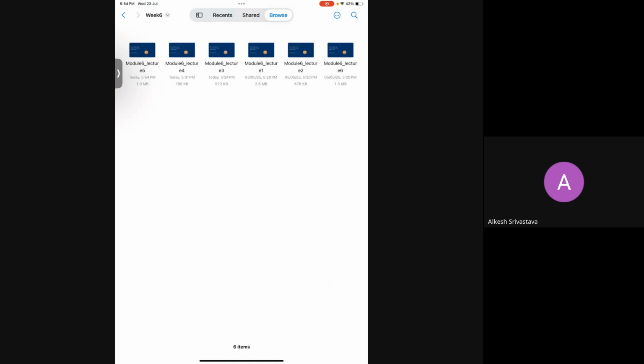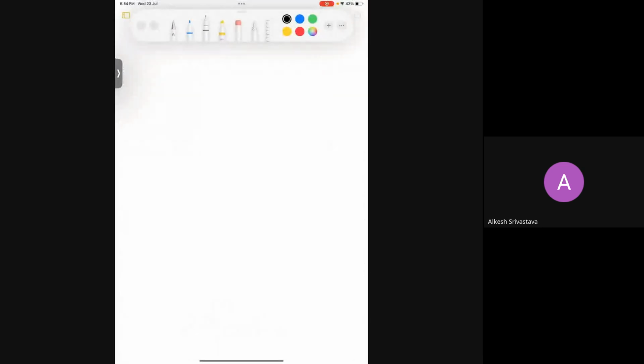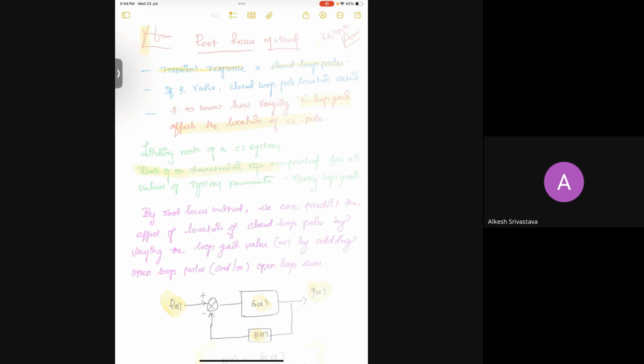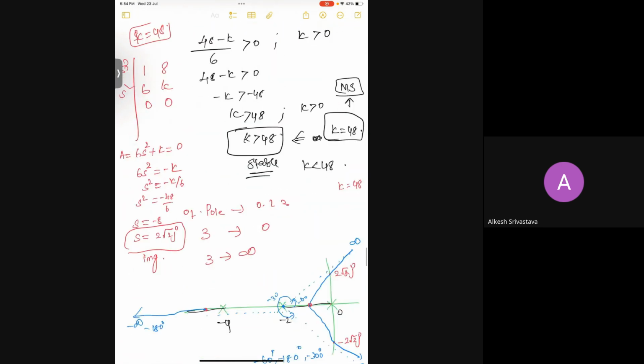I hope these 9 rules are clear to you. You will be able to solve a problem, I think. We can solve one problem and see how well we are able to solve. What example did I take last day?